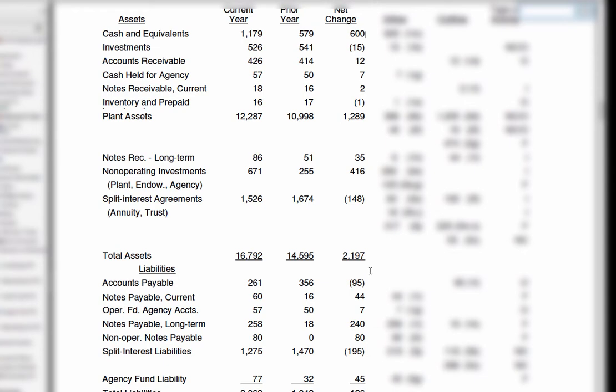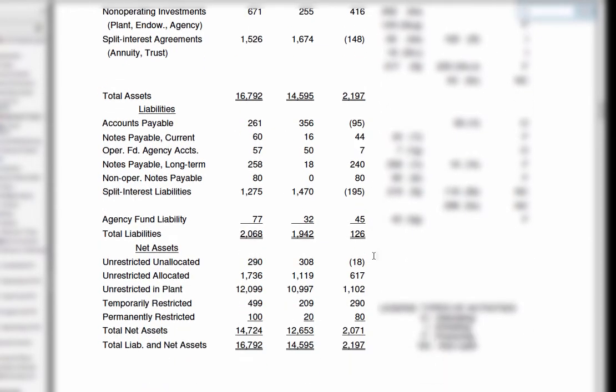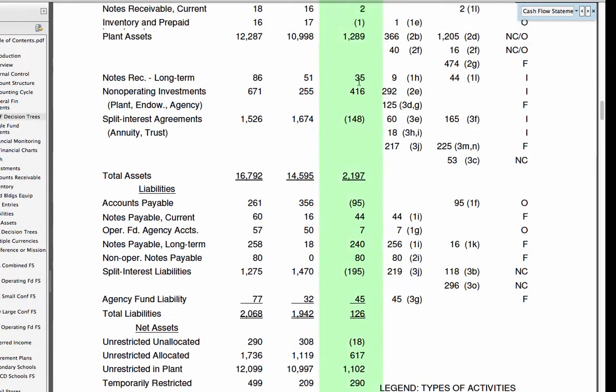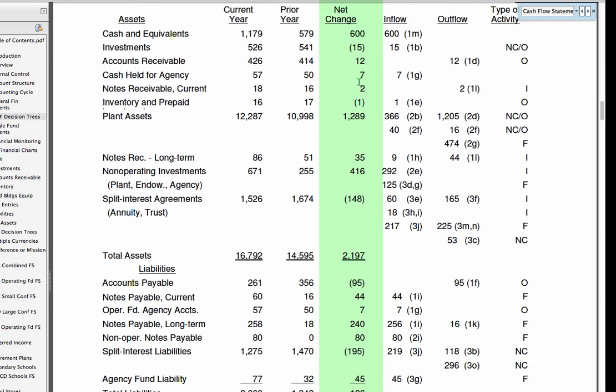Let's see if I can show it here. Here is the total net changes for the assets of $21.97, and here is the net changes for the liabilities and net assets of $21.97. So if this balanced and this balanced, then the changes have to balance. And the goal then is to take every one of those changes and help it find its way to the cash flow statement. Okay?